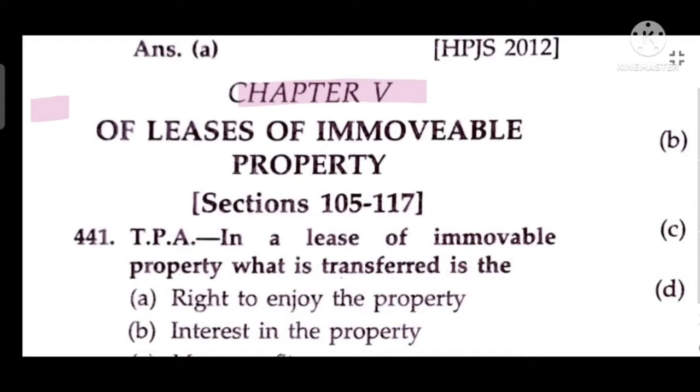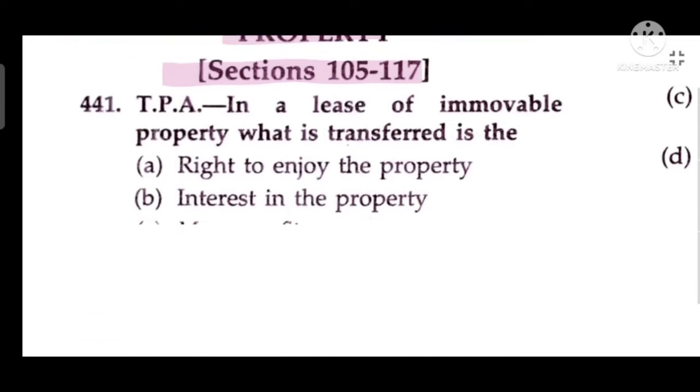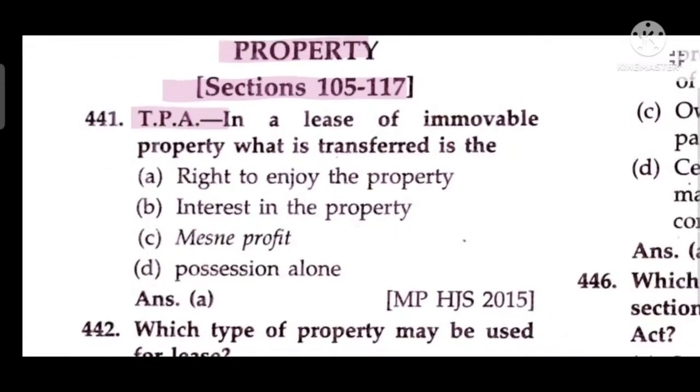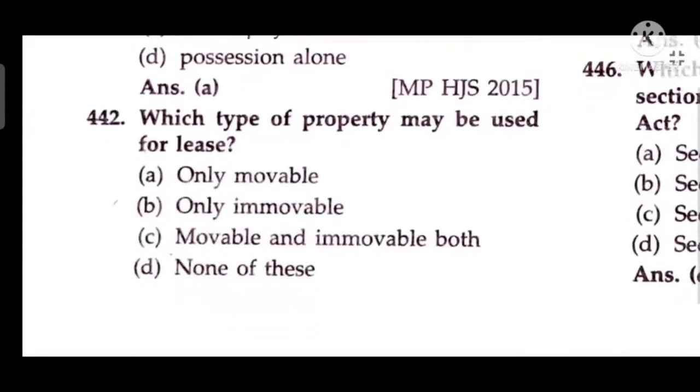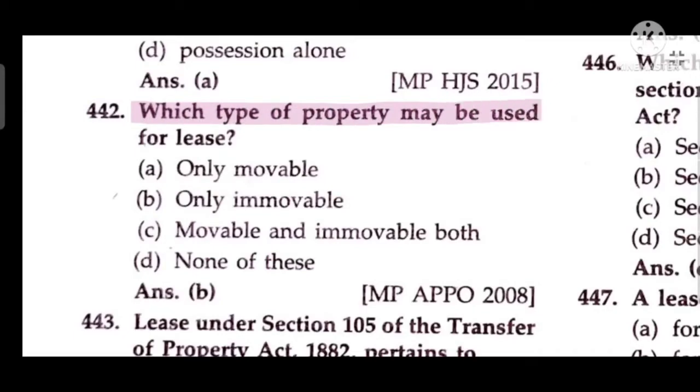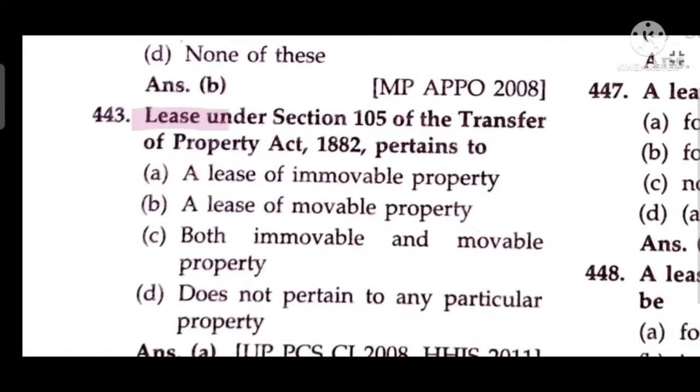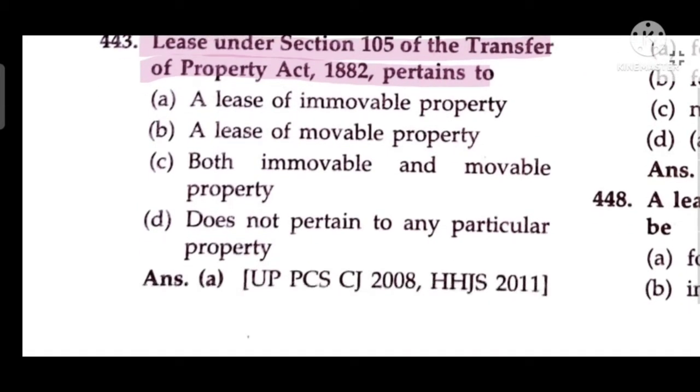Chapter 5: Lease of Immovable Property, Sections 105 to 117. Transfer of property. In a lease of immovable property, what is transferred is the right to enjoy the property. Which type of property may be used for lease? Only immovable. Lease under Section 105 of the Transfer of Property Act 1882 pertains to a lease of immovable property.